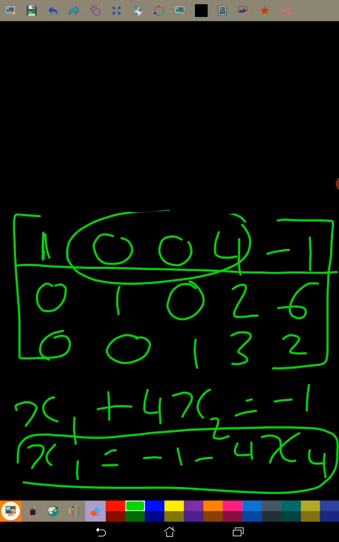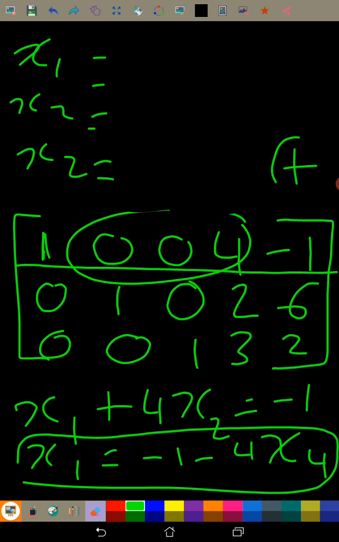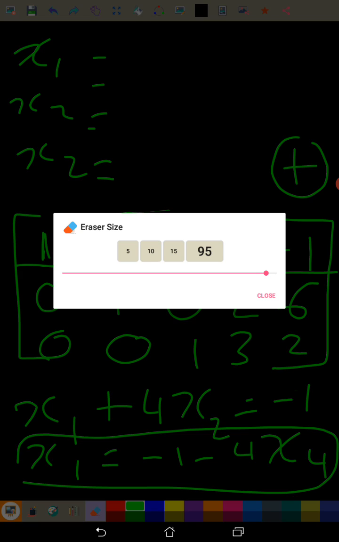Alright, so we can express x1, x2, and x3 in terms of x4, because it's a free variable. For example, we had t as a free variable, remember, at the beginning.